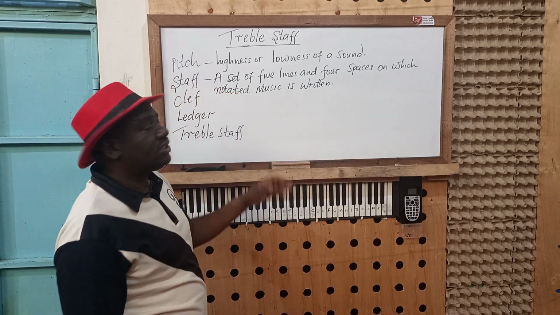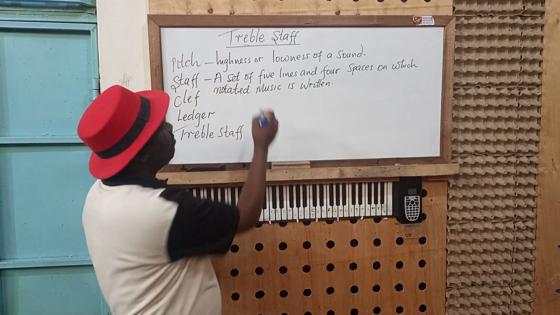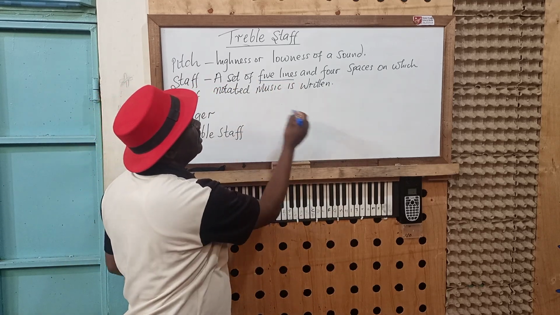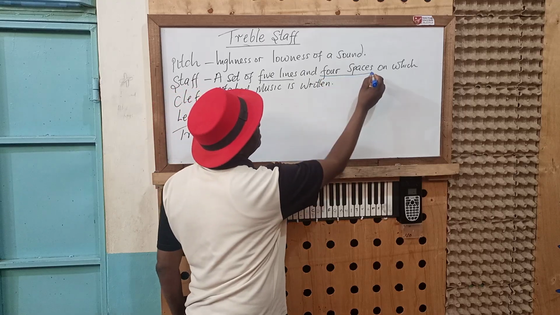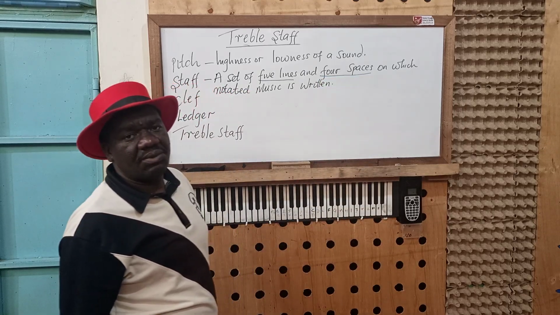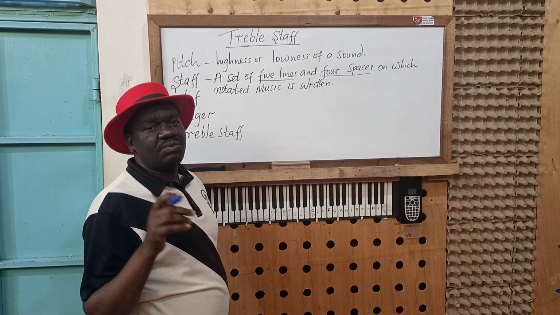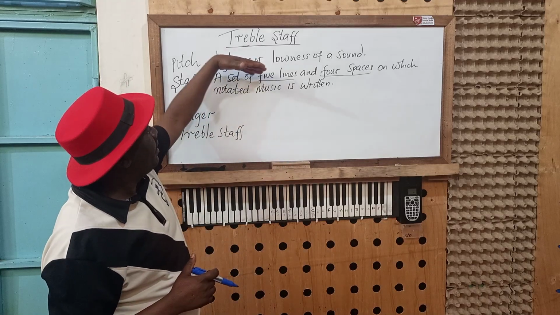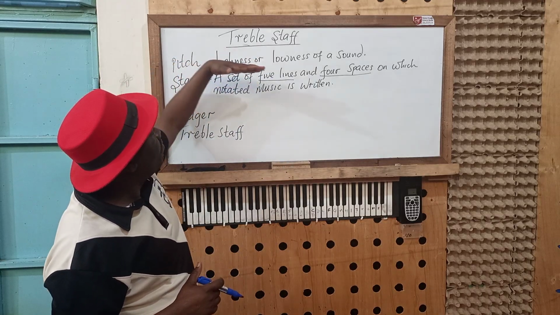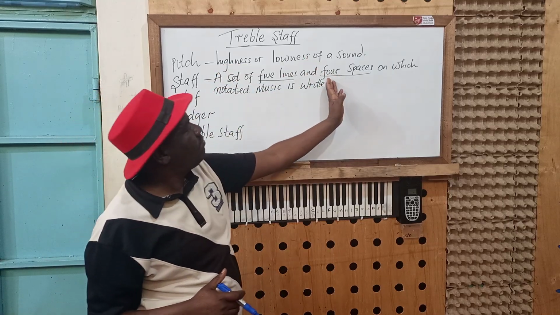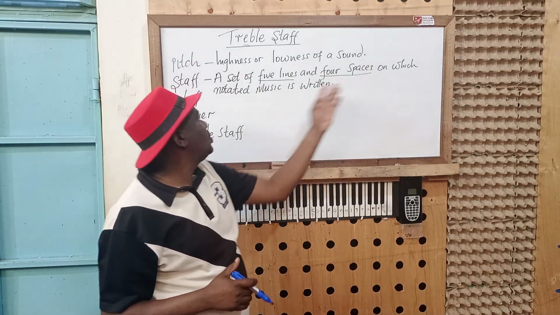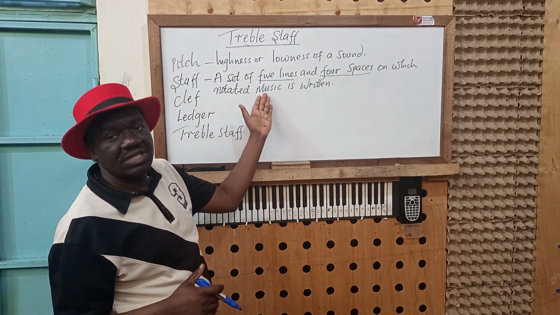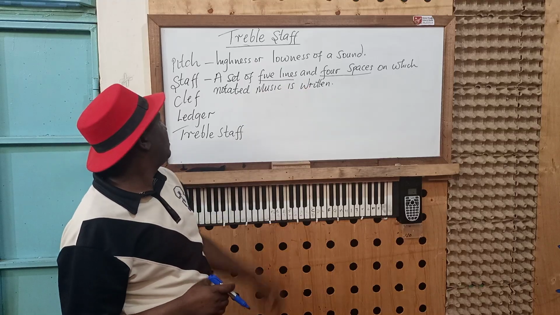A set of what? Set of 5 lines and 4 spaces. I will explain further as I continue the lesson. So, a staff is a set of 5 lines and 4 spaces on which notated music is written.